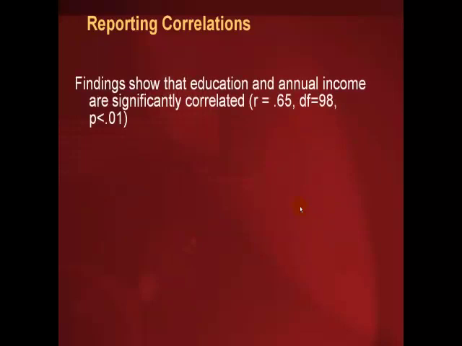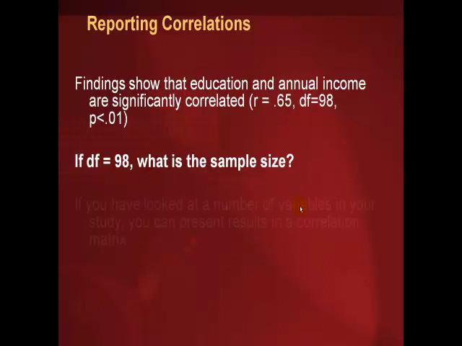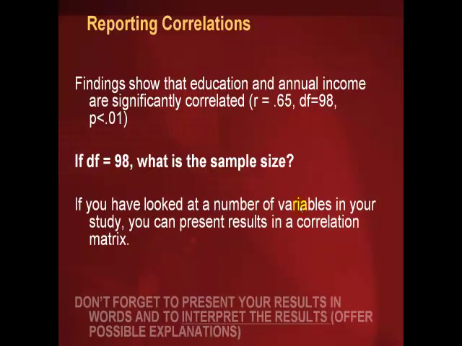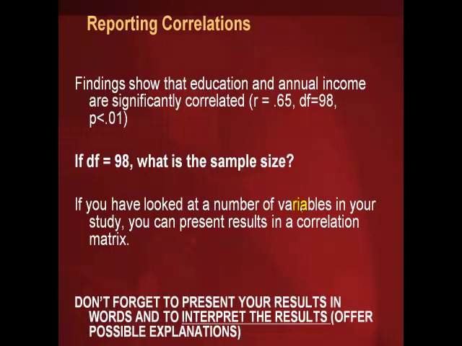In terms of reporting correlations, this is actually done really nicely in the Salkind text. For example, let's suppose we did a correlation of the findings of education and annual income, and we found that we had an R of 0.65 with the degrees of freedom. Okay, this is how you would report it.